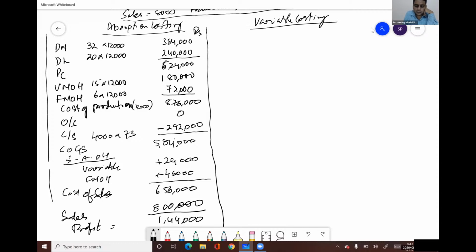Under variable costing, we have to find out the variable costs, then find the contribution, then the fixed cost, then we get the profit. Correct? So, what are the variable costs?